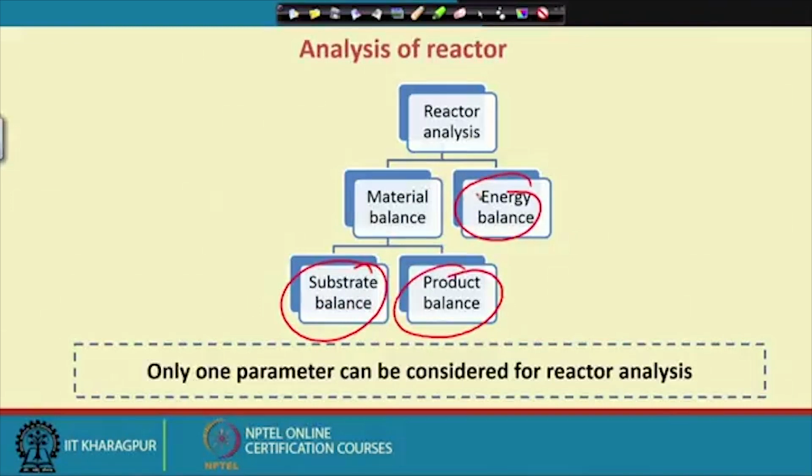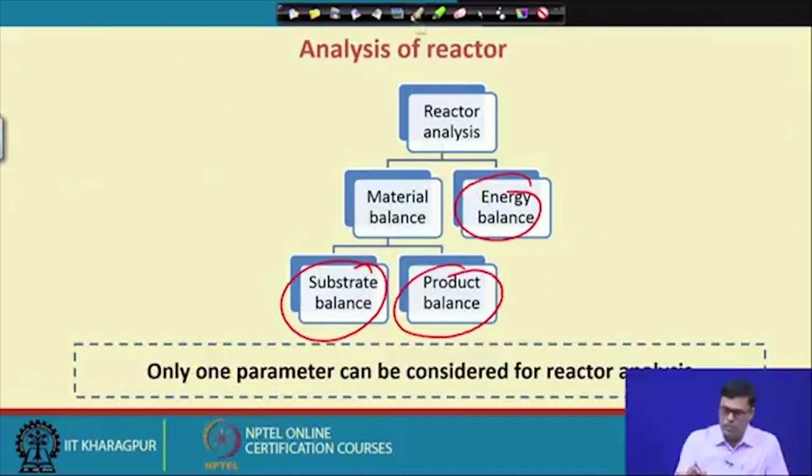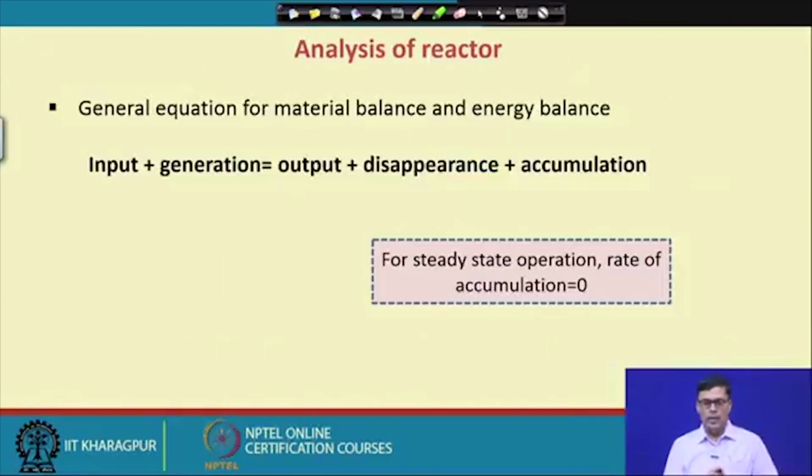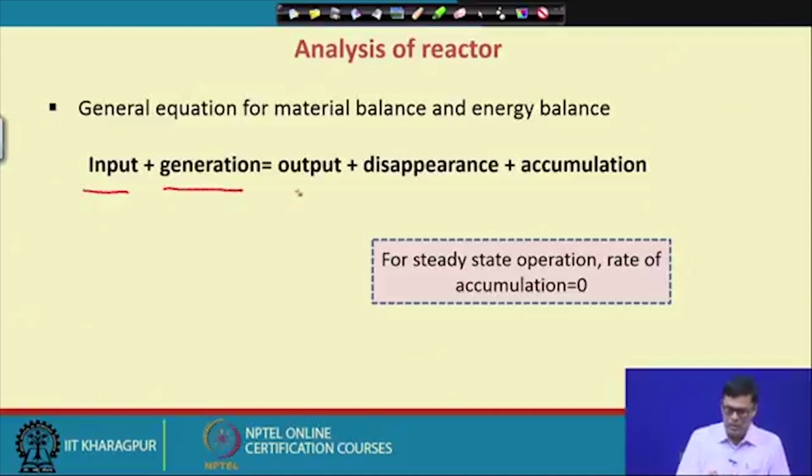Looking at the formula, the equation for reactor analysis is: input plus generation equals output plus disappearance plus accumulation.